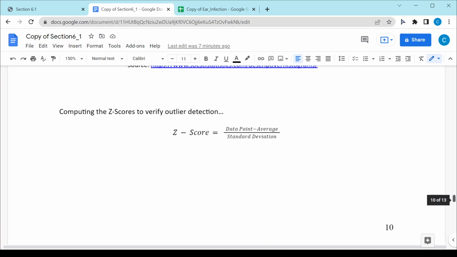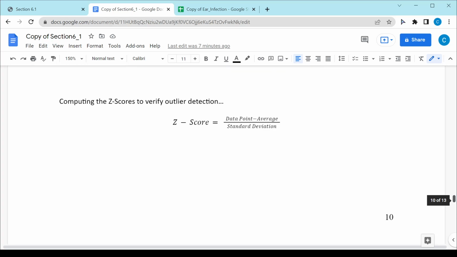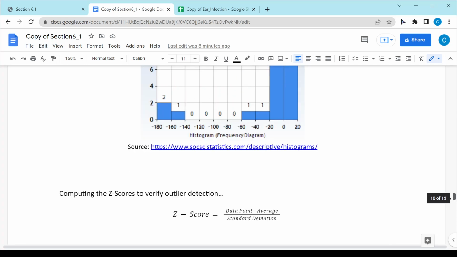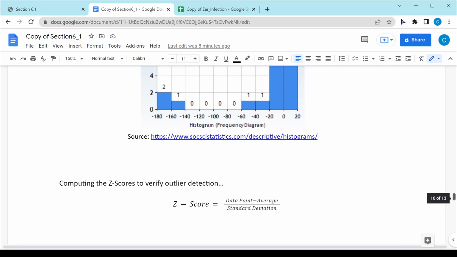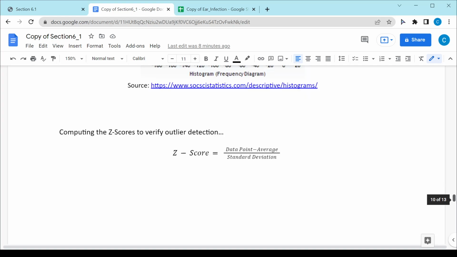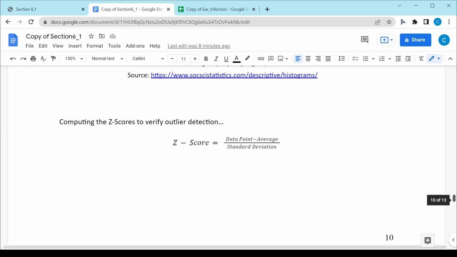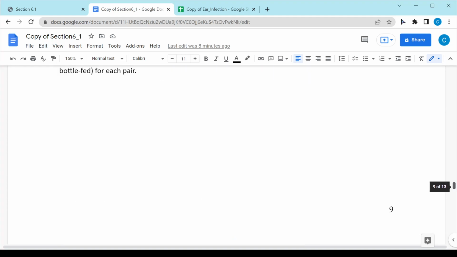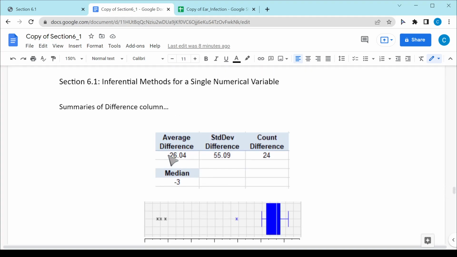Before I decide, another approach that I could take here is to do a z-score. That's one way to do a formula-based approach to detect outliers. All I do to compute a z-score is take the data value minus the average, divided by the standard deviation. So I would have to take every value minus minus 26, divided by 55 here.